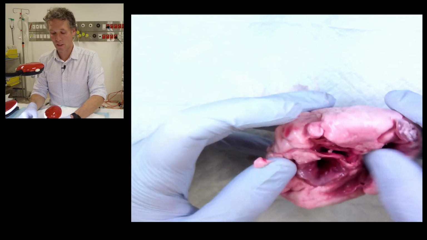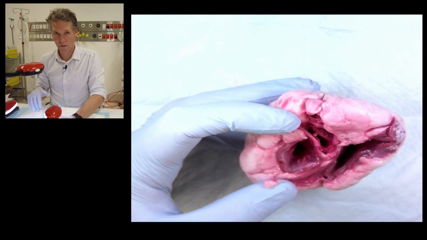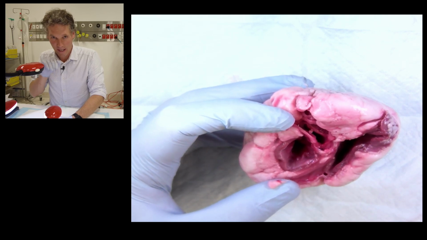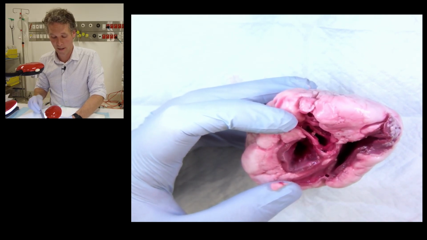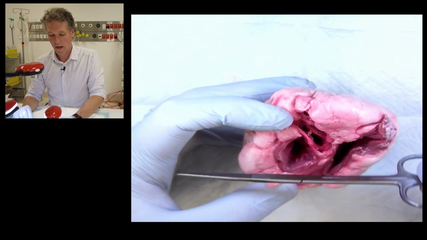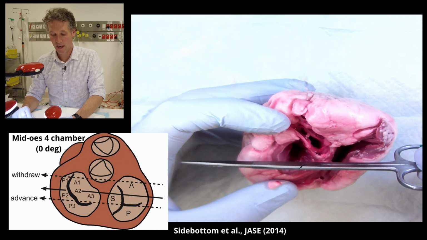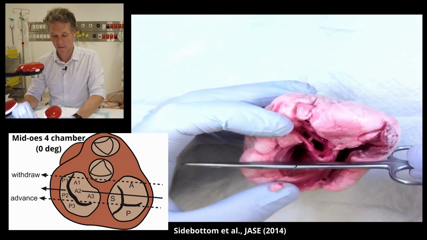Let's take something like transesophageal echo. We look from the esophagus at the heart, similar to the way that we're looking at the heart right now. When you're at 0 degrees, the angle of interrogation is looking down through the heart somewhere like that.